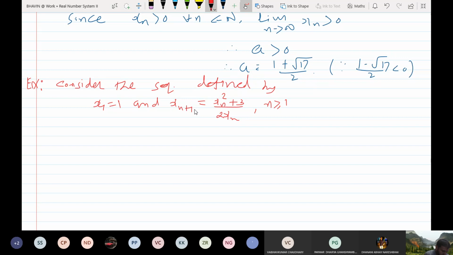Prove that xn is convergent and its limit is root 3.